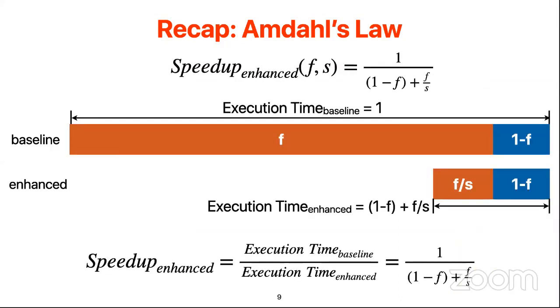Some of you might think it's a different definition of speedup, but if you think of Amdahl's law this way, it rescales your original execution time to 1. If f portion of the program can be sped up by a factor of s, then the new execution time will be f over s plus 1 minus f. So the enhanced speedup will be 1 over (1 minus f plus f over s).